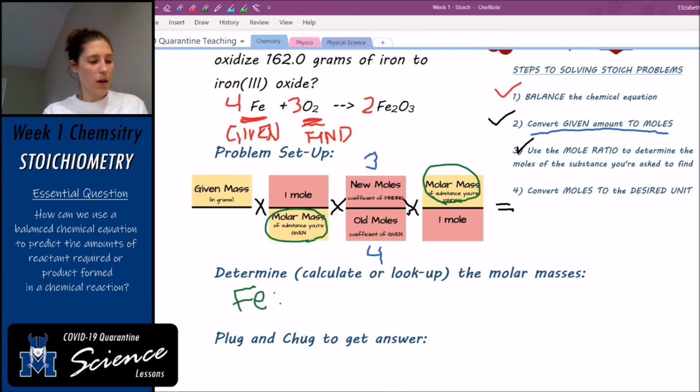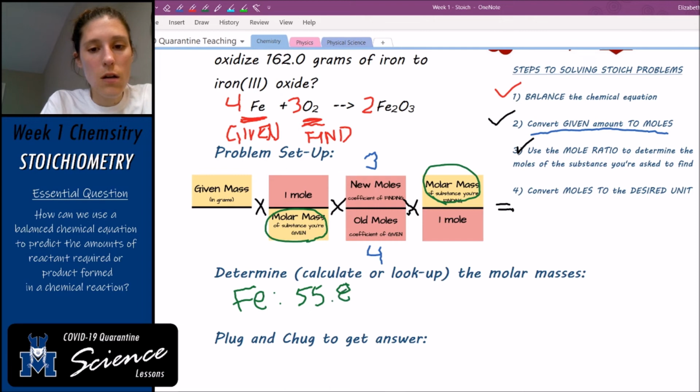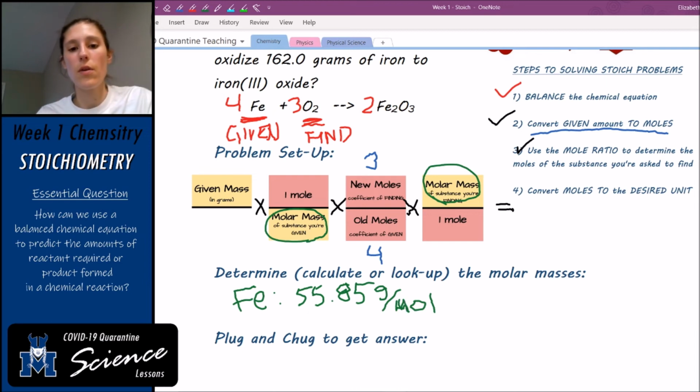Okay, the molar mass of iron, that one's easy, straight off the periodic table, 55.85 grams per mole. Okay, and then our O2 is what we're finding. And O2 is just going to be 2 times 16, or 32.00 grams per mole.